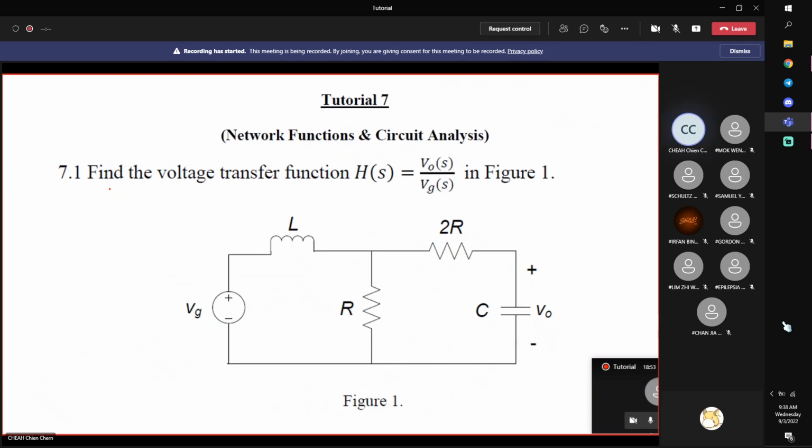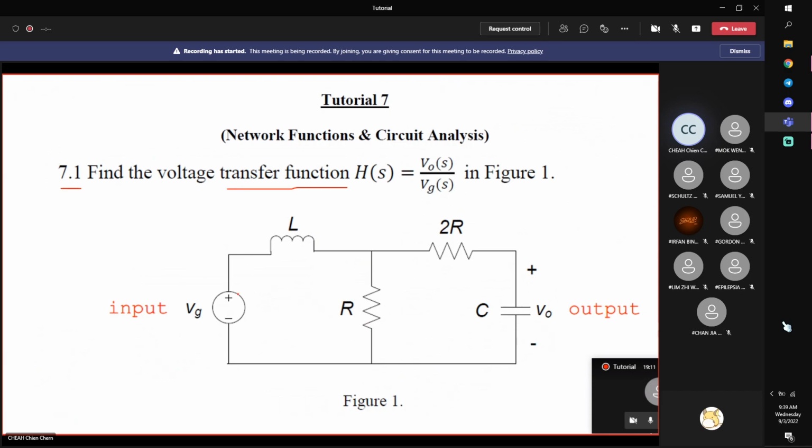Now, let us move on to question 1, tutorial 7. Find the transfer function, which gives you the relationship between output over input. So this is my input voltage, and this is my output voltage across the capacitor.